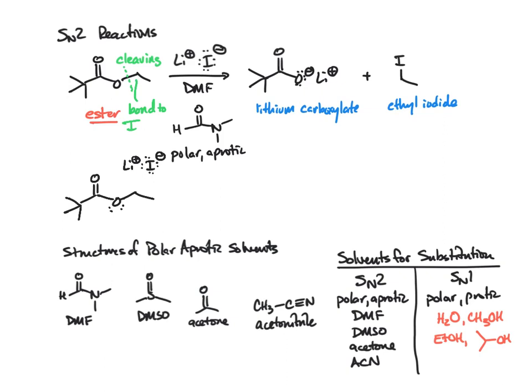You said the electrophile would be the oxygen. It's the carbon. So let me draw in how we think about that. Because this oxygen has two lone pairs, I'm going to call that delta minus. The carbon bonded to it is therefore delta plus.